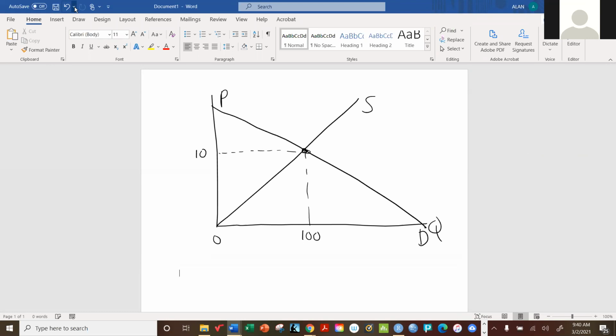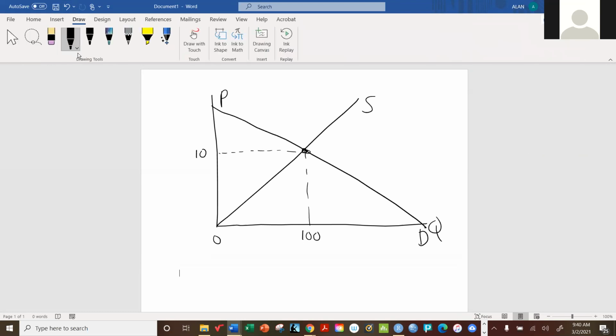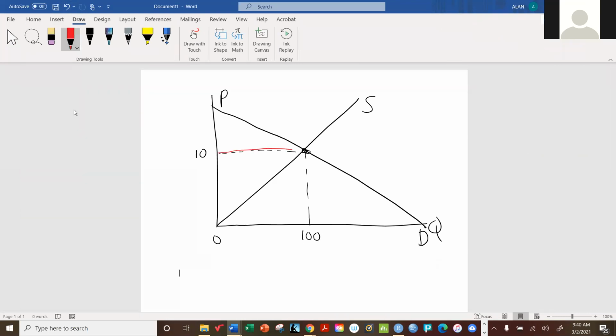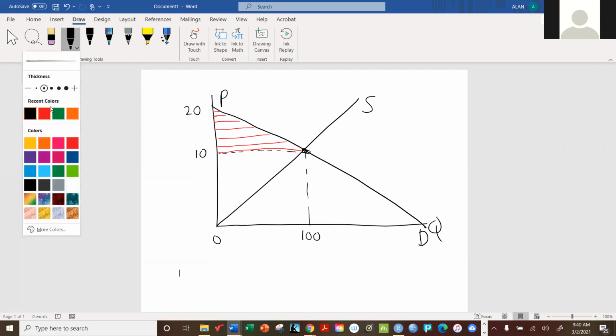The consumer surplus is everything from the price line up to the demand curve, because all these people are paying $10 for a product which they valued at a higher price. In other words, a few people would have paid 19, 18, and 17, all the way down to 10. So all of this is our consumer surplus.